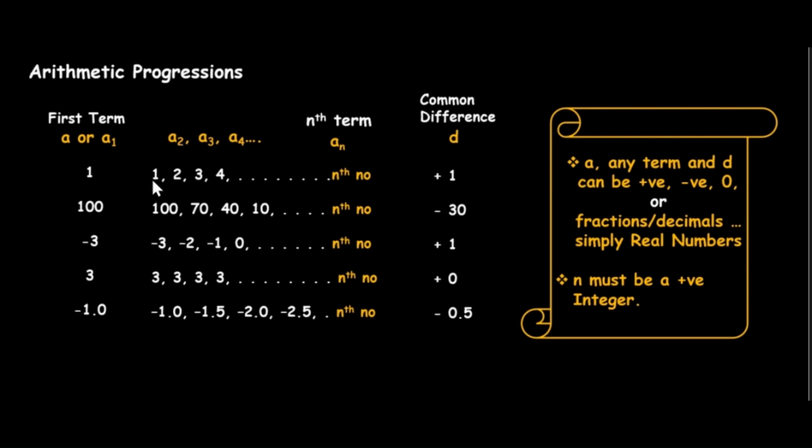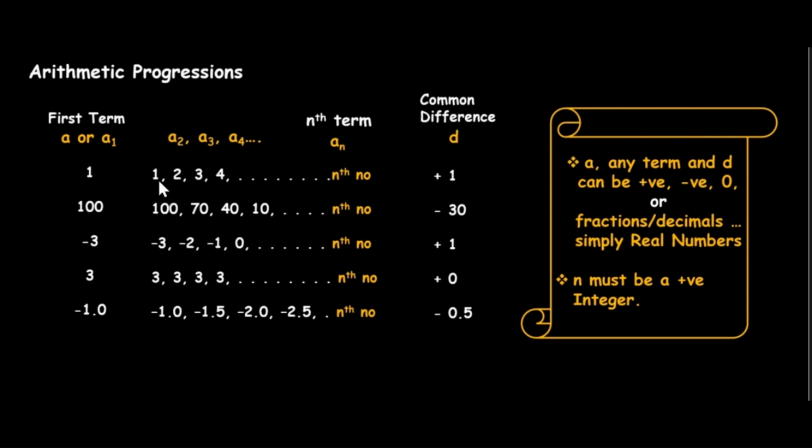So here our n is 1 for the first position, for the first term, and for the second term, second position, n is 2. Third term, third position, n is 3. And for the fourth term or fourth position, n is 4. And for the nth term or nth position, n is n.